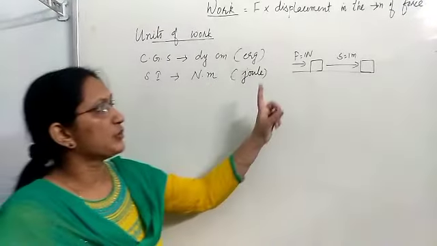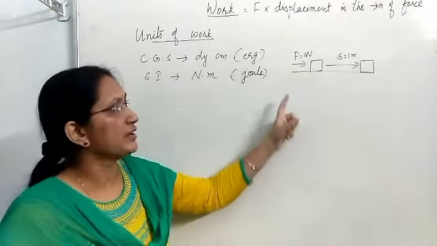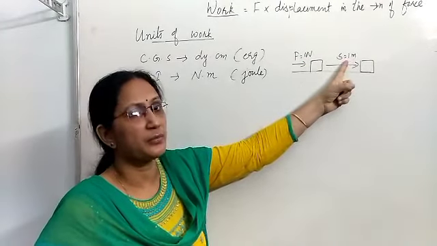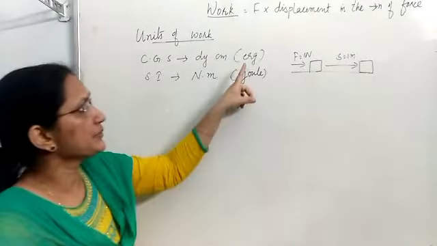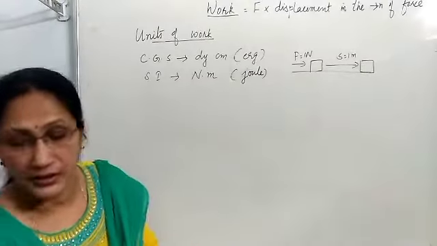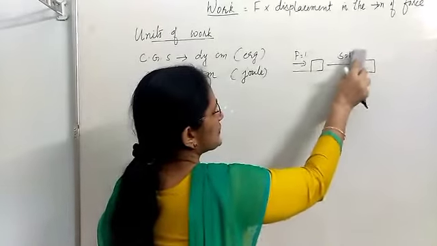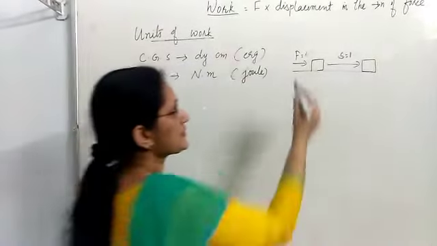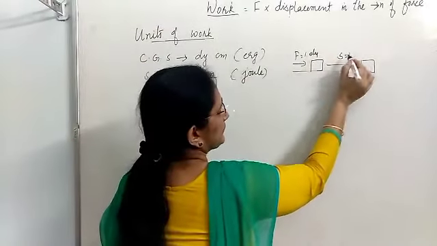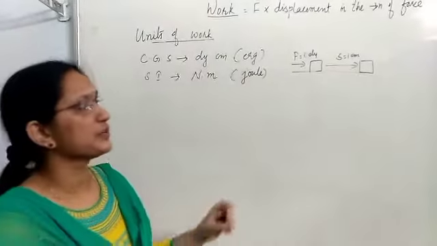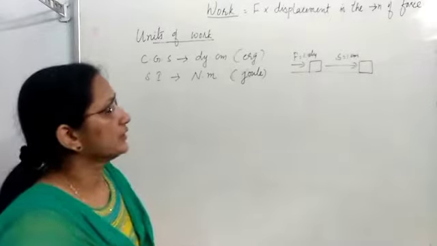So 1 Joule of work is said to be done when a force of 1 Newton causes a displacement of 1 meter on a body. Similarly, you can make the definition of erg also. Consider a force of 1 dyne causes a displacement of 1 centimeter, then the work done is said to be 1 erg.